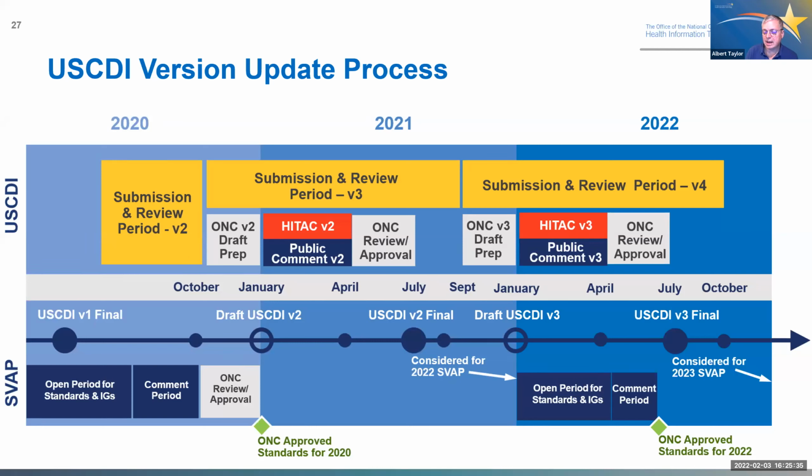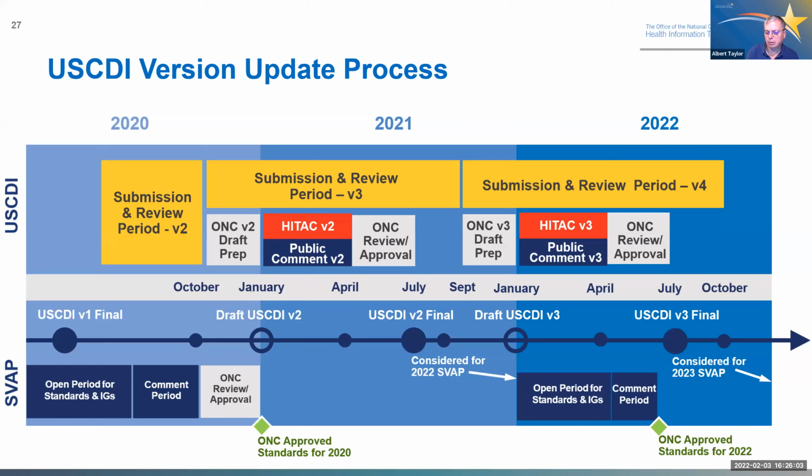What we hope to happen later in the spring or early summer is that USCDI version 2 and those supporting exchange standards are added to the approved standards list. If they are added, we expect they become available for health IT developers to update their systems voluntarily starting in about August of this year.